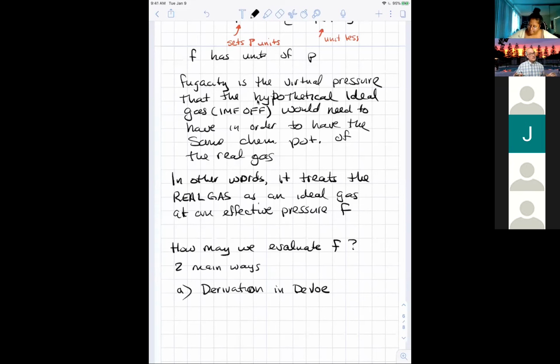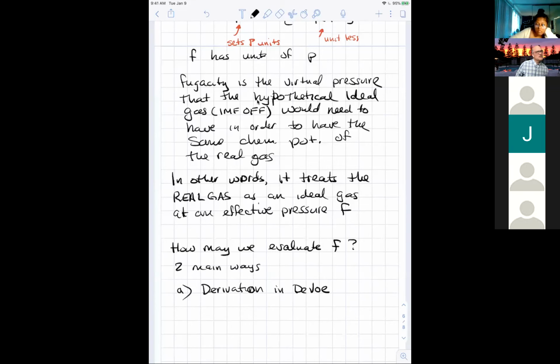I'm not going to explicitly go through this for two reasons. Let me explain the two reasons why. The first reason is I was afraid I wouldn't have enough time to go through the derivation, and it is in Devoe, and sometimes these derivations are difficult to understand.